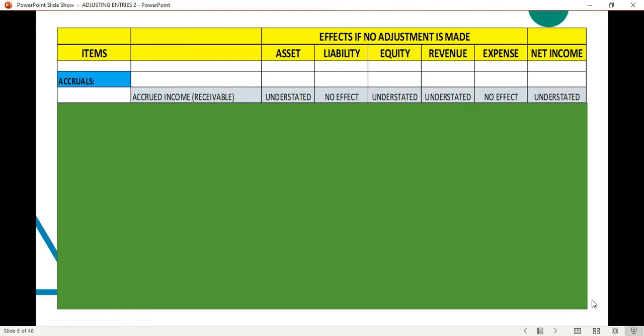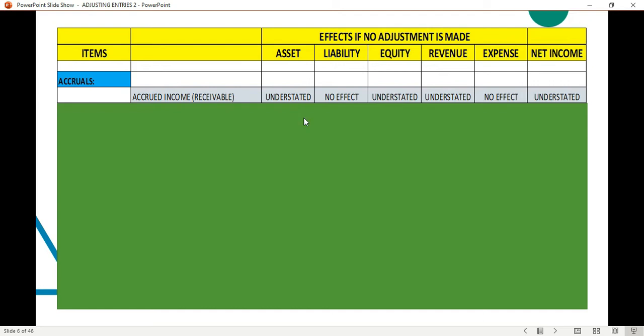Okay, now what would be the effect in your books supposing an accrued income is not recognized or is not recorded? Take note, the accounts affected for accrued income are asset and income or revenue. So what will happen to your asset supposing you were not able to recognize accrued income?